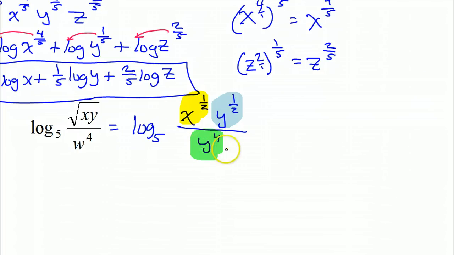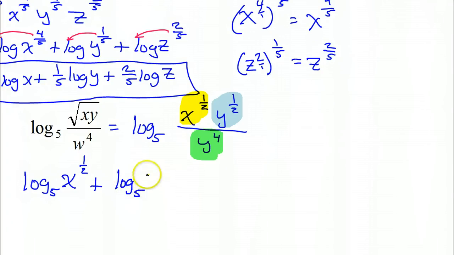So I will have log base 5 of x to the 1/2 power, positive, plus log base 5 of y to the 1/2 power, all right, numerator, positive. This next one will be negative, so minus log base 5 of y to the 4th power.